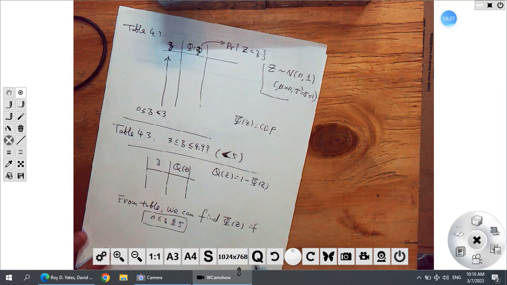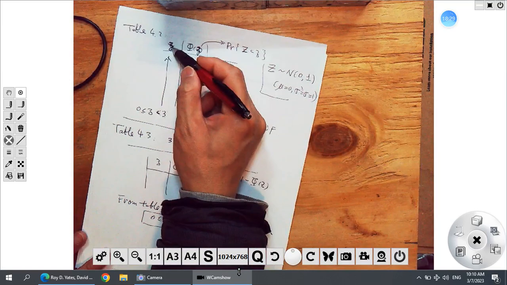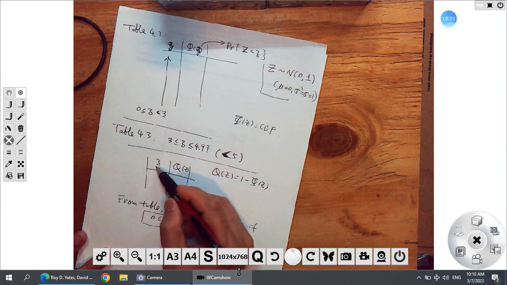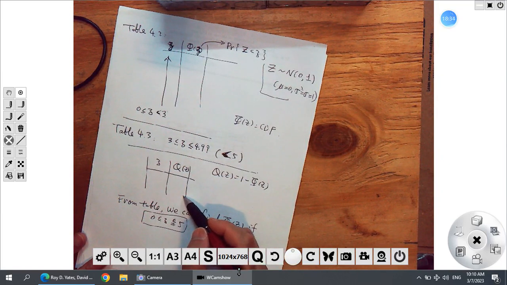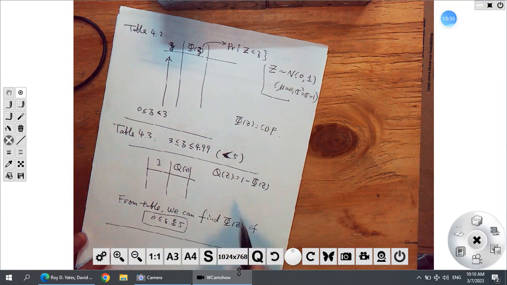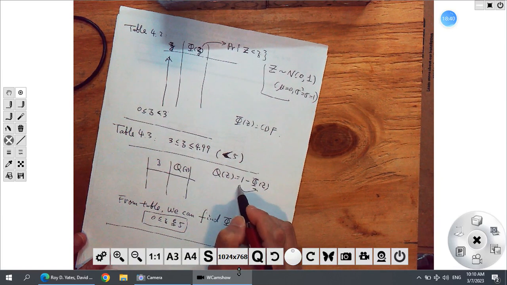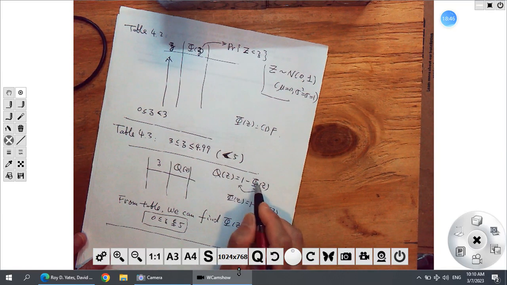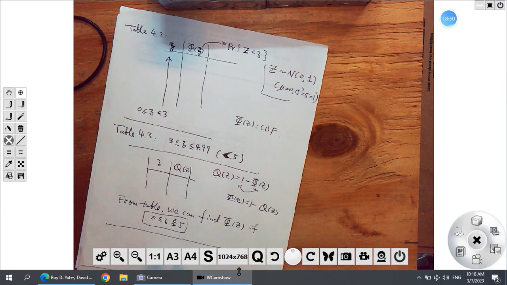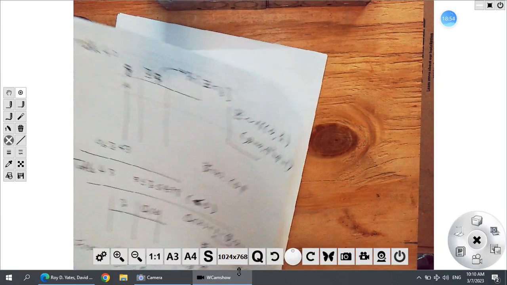With two tables: 0 to 3 we use the first table, and 3 to 5 we use the second table. But with the second table, after you get your result, you need to calculate. Phi Z will be 1 minus QZ. You move phi to the other side, Q to this side. Then from the table we can have phi Z.